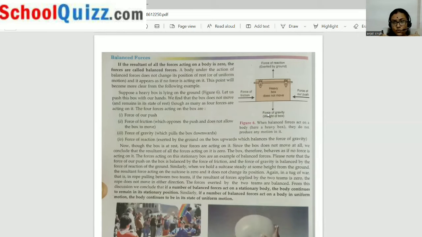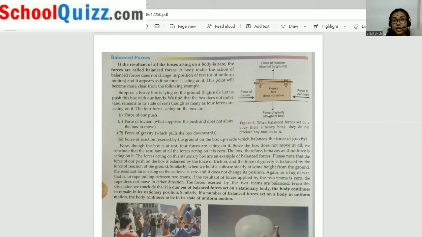The reaction force and the force of gravity, they both are exerting in opposite direction, and they both are equal when an object is not moving. Okay, in that case only, when the object is not moving, the force of gravity as well as the force of reaction is always equal.